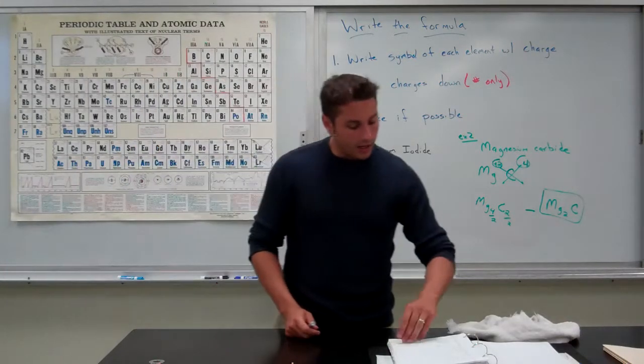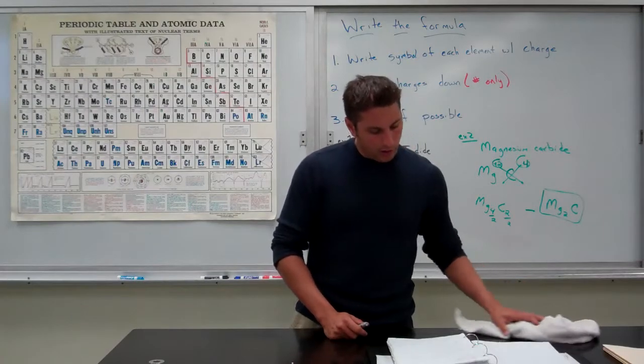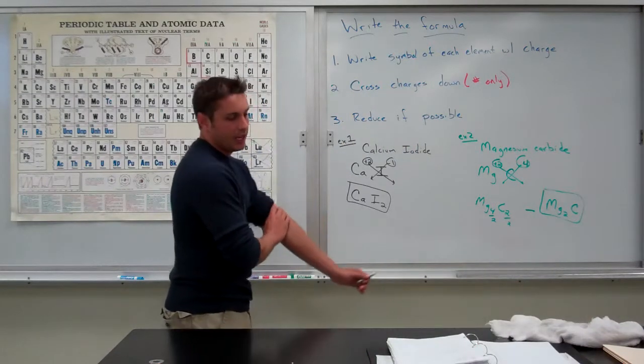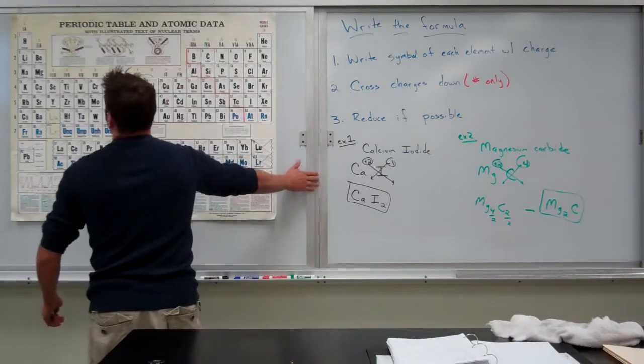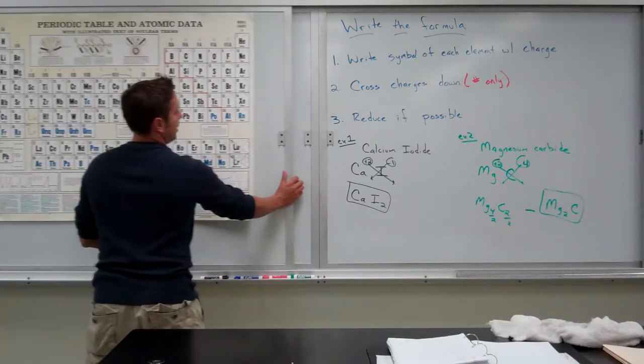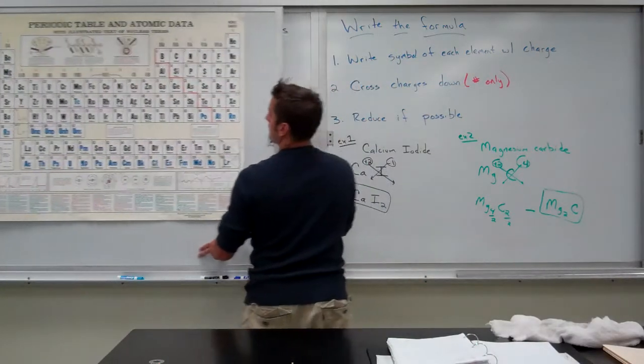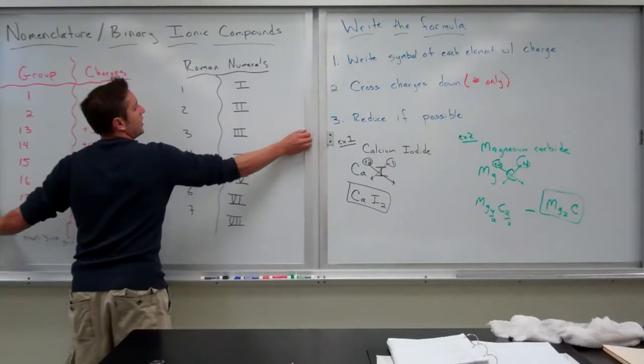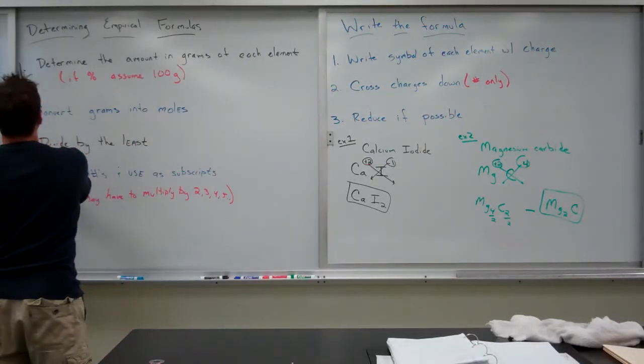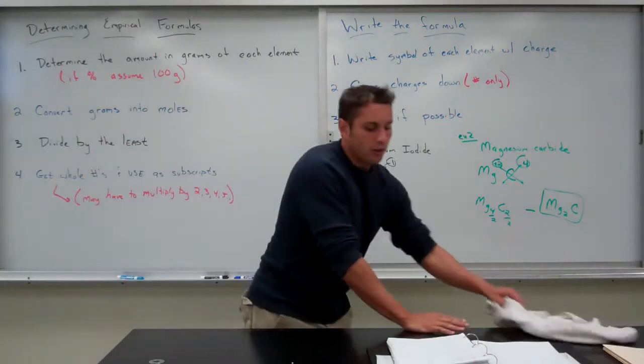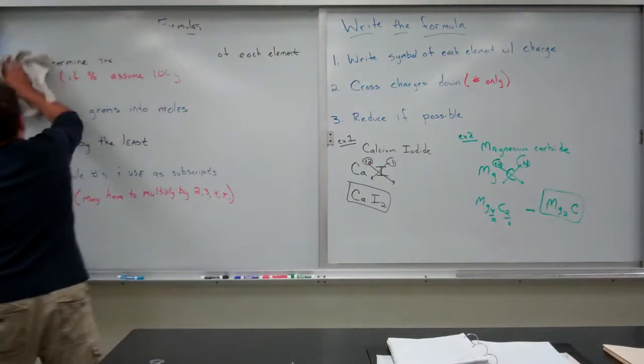Taking a look at a couple more. How about we look at something like, let's slide this so we can keep our rules up. We're going to look at something like iron 3 oxide.